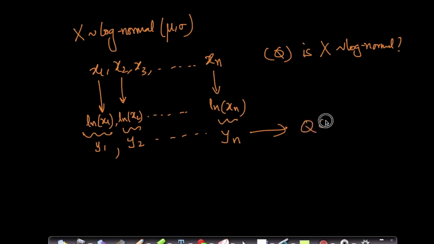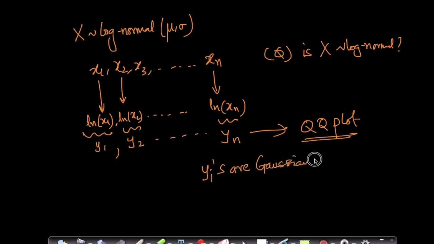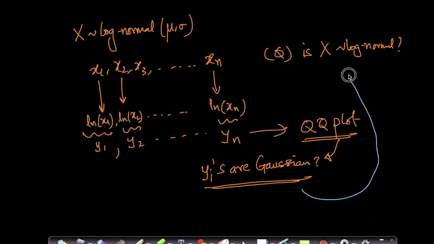Now, given y1, y2, yn, we already learned about the QQ plot. We just learned in the previous section about the QQ plot. You can employ the QQ plot to determine if the yi's are Gaussian. If the yi's are Gaussian, then immediately we can declare that your x is also log normal. It's such an easy thing.